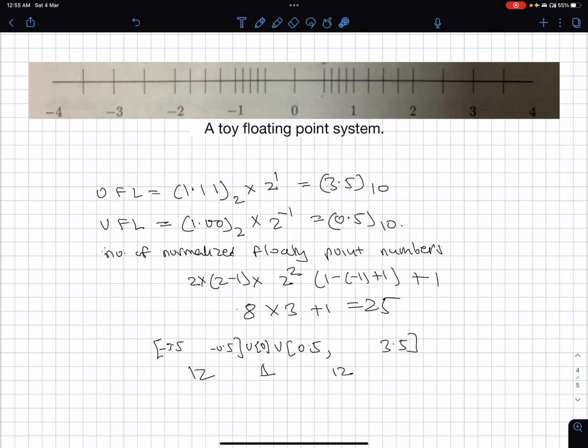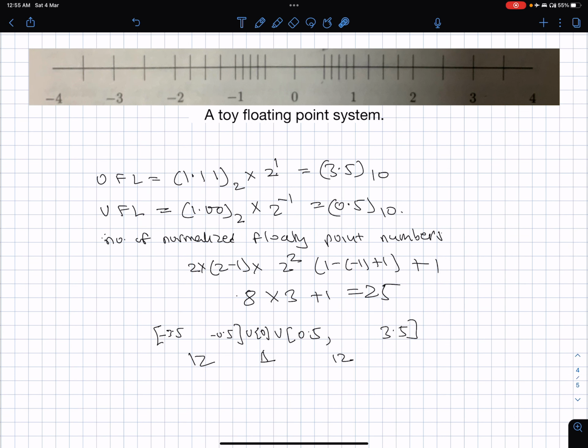Now, one thing which you would notice, I'm sure you would have noticed it, all of you are damn smart, I know that these numbers are not uniformly spaced, is it not? The first UFL is 0.5. So between 0 to 0.5, there is nothing possible.